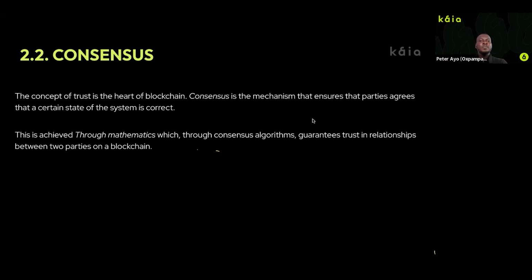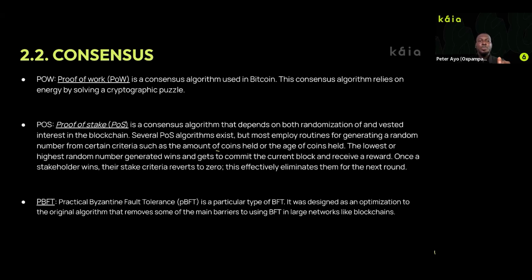So the next question is, what are the various algorithms that we have seen work in the past to ensure that blockchain nodes reach consensus? The popular one that we have seen work is proof of work, right? Which I already talked about. Proof of work is a consensus algorithm used on the Bitcoin network, right? As I've said before, it relies on energy for solving a cryptographic puzzle, right?